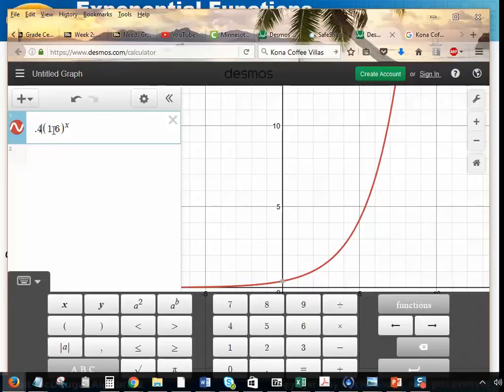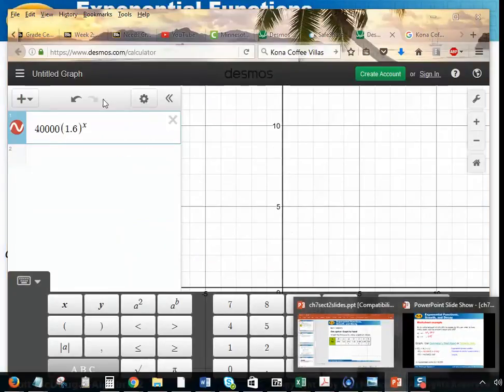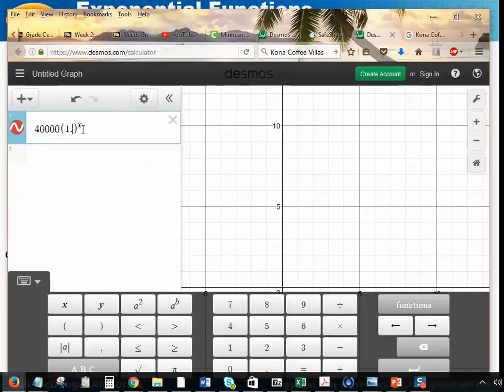Oops, I don't need that decimal there. 40,000, one more zero, nope, too many zeros, times 1.08. And I'm going to use x for t because they don't really have a t variable sitting here. I put the comma in there just to make sure that's 40,000. They don't like the comma in there, so I'll take it away, but I just wanted to make sure I had the right number of zeros.